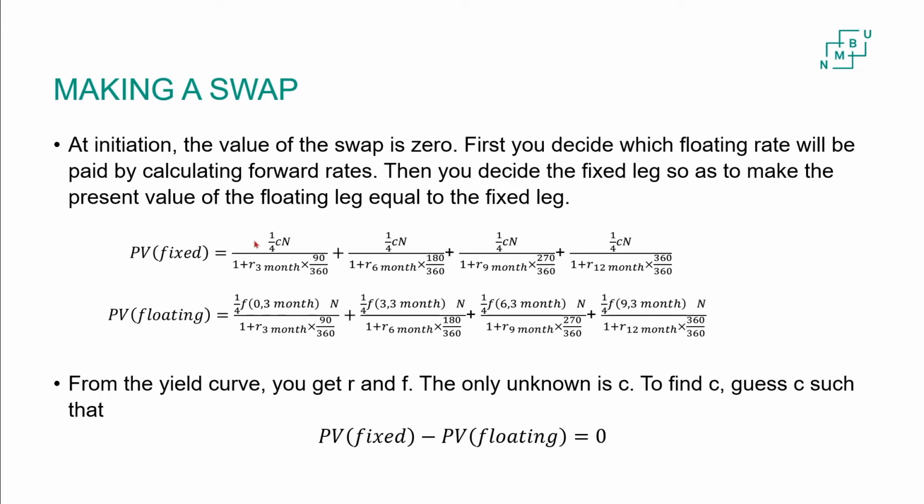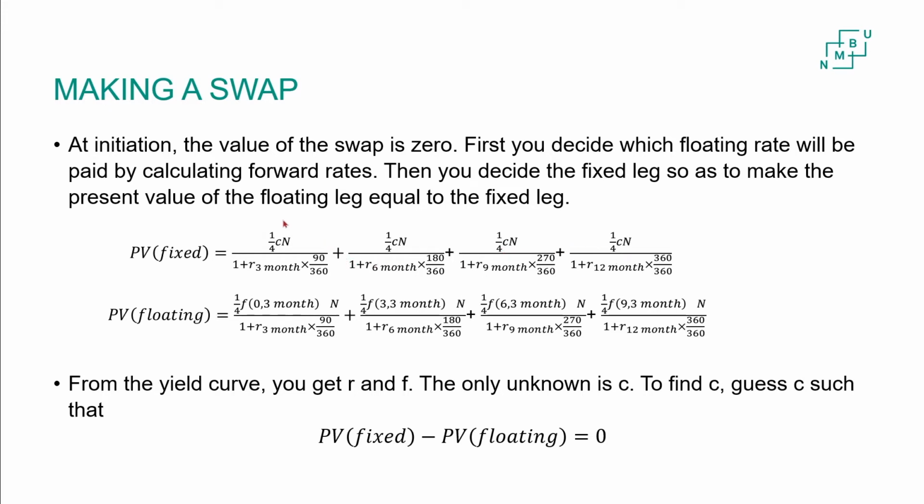And here N is the notional value of the bond, the face value of the bond. The C is the coupon rate, and 1/4 means that you have 4 payments during the year.